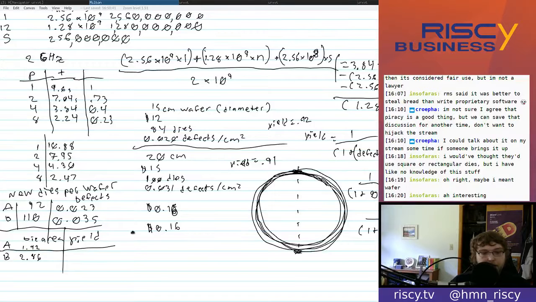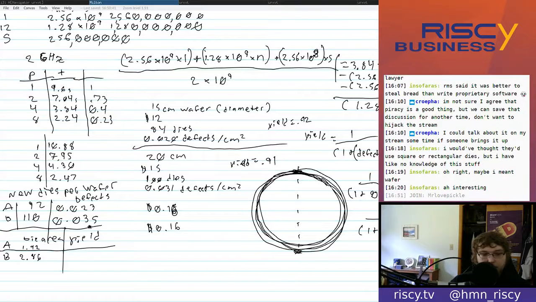So the defects are 0.023 for the first one. So 0.023. And then that's going to be times die area over 2.